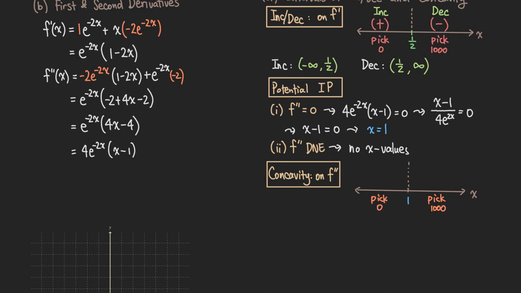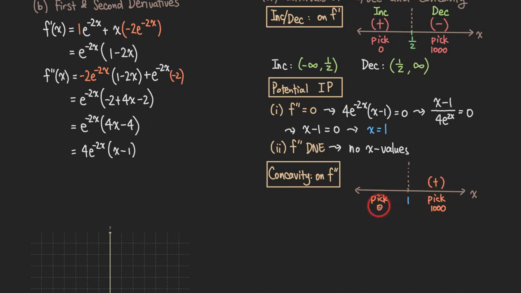Now let's see what's going on here. Just keep in mind that for the second derivative, we are never going to get a negative number for the 4e to the negative 2x. So this is always going to be positive. All we need to check is the x minus 1. If you put in 1000, that's guaranteed to be positive.